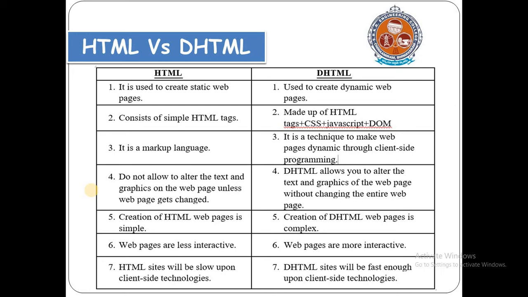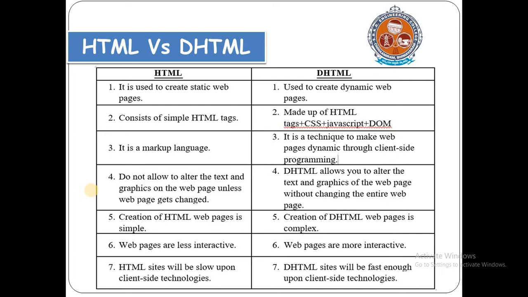By using HTML, the web page is just simple. Creating any DHTML web page is somewhat complex because we are adding some dynamic behavior by using JavaScript. Web pages are less interactive in HTML, and as the name itself suggests, they are more interactive in dynamic HTML.